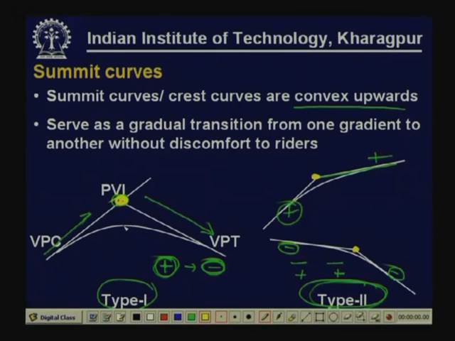If the road surface is below the PVI, it is a summit curve; otherwise it is a valley curve. In all three diagrams you can check that. Here also the road surface is below the point of vertical intersection, here also, and the same thing is valid in this case also. So, that is what a summit curve is.